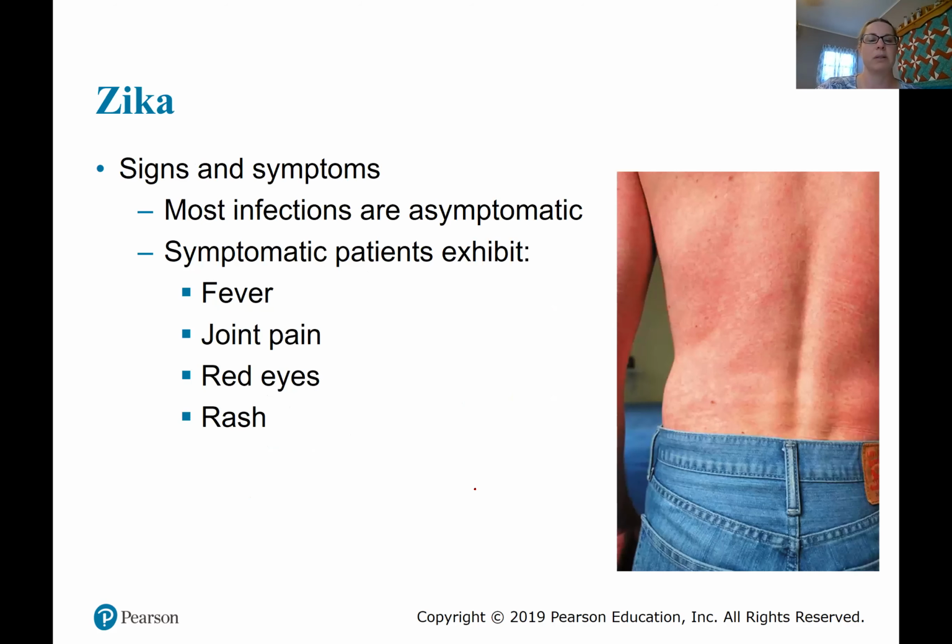Some signs and symptoms, a lot of times they're going to be asymptomatic, but symptomatic patients would have fever, joint pain, this rash, and red eyes.